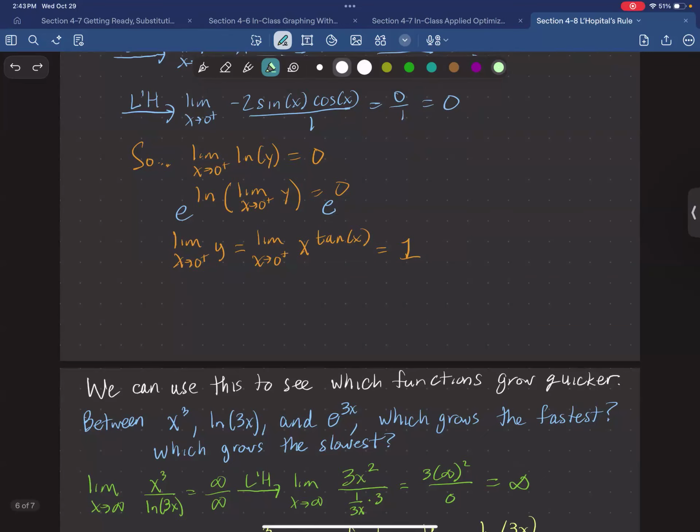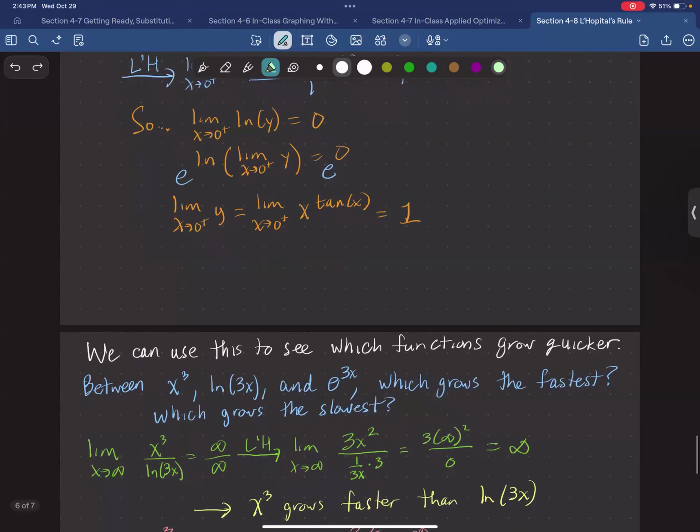So I did x cubed and natural log of 3x first. This is infinity over infinity, so I did L'Hopital's. We got infinity over 0 this time, which means the top is growing faster than the bottom. Okay? X cubed is growing faster than natural log of 3x.